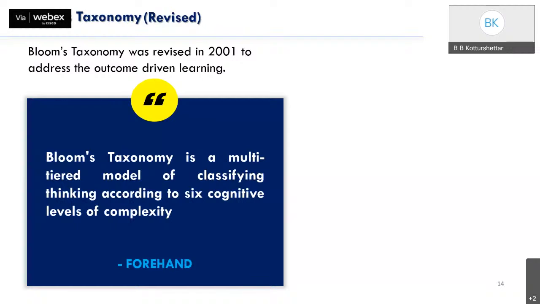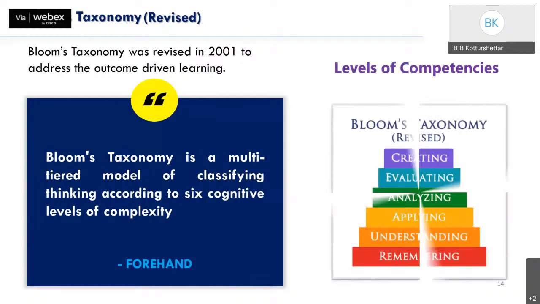It is a multi-tiered model of classifying thinking according to 6 cognitive levels of complexity. So what are those 6 cognitive levels? It starts with remembering, understanding, applying, analyzing, evaluating, and creating. It is hierarchical in nature. Bottommost is remembering and the topmost is creating.